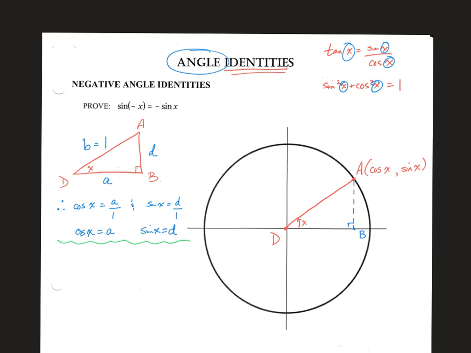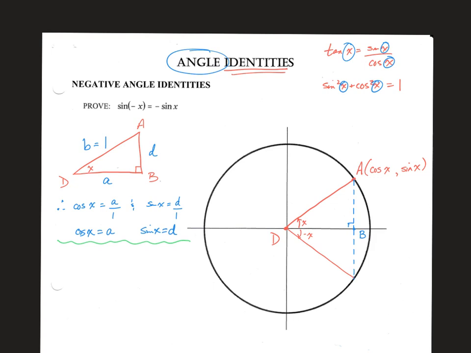But if I was to fudge that a little bit, then what I could do is drop the height that I had already created and go all the way down to the circle. And now I could draw on the terminal arm that would take me from point D to the edge of that unit circle. And that allows me to get a pretty decent appearance of what an angle of negative X would be. So we can all just look back on this diagram now and say, oh, well, I was just really, really good at estimating that measure.